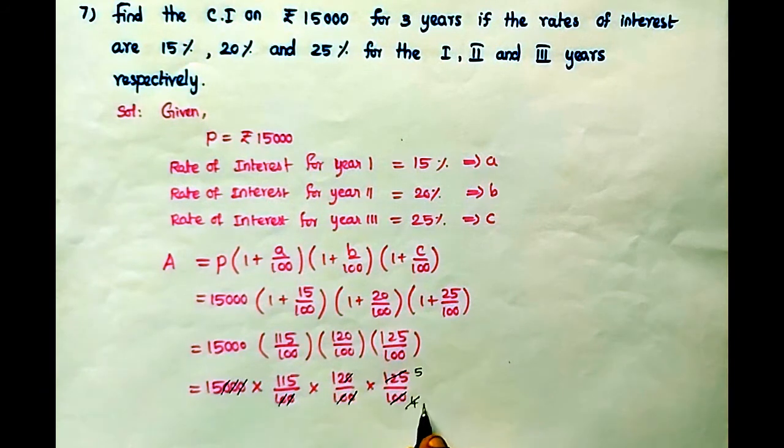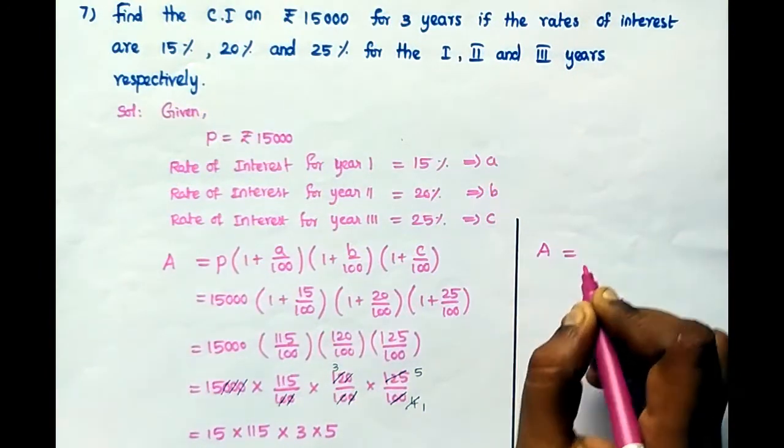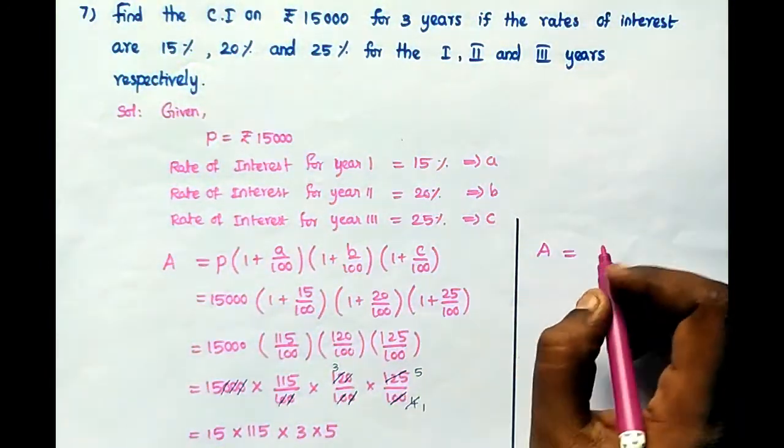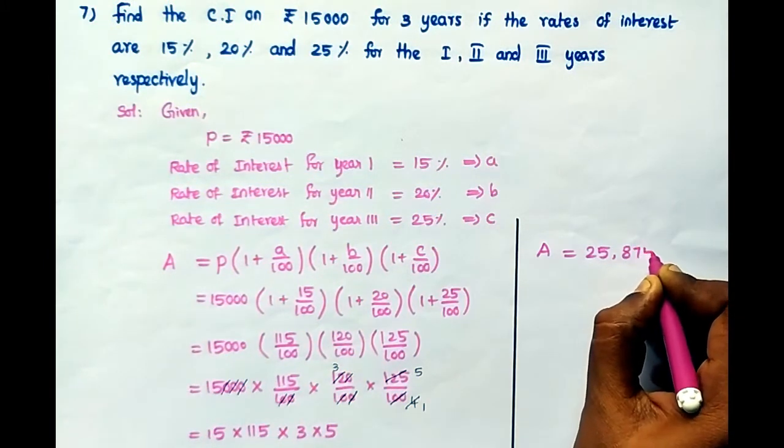Now 4 1 is 4, 4 3s are 12. Write down the remaining numbers. 15 into 115 into 3 and 5. Now multiply this value. Multiply all values means we get 25,875.